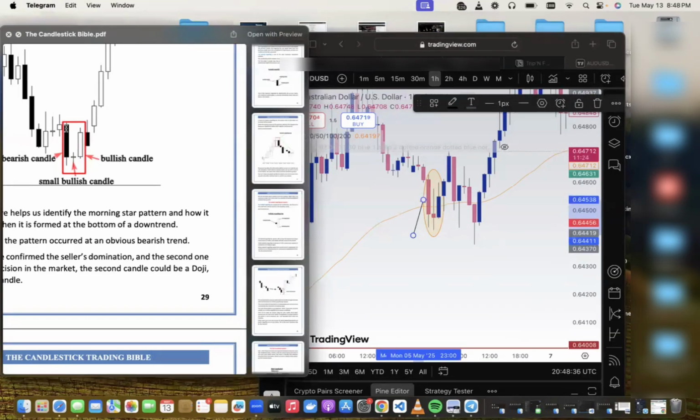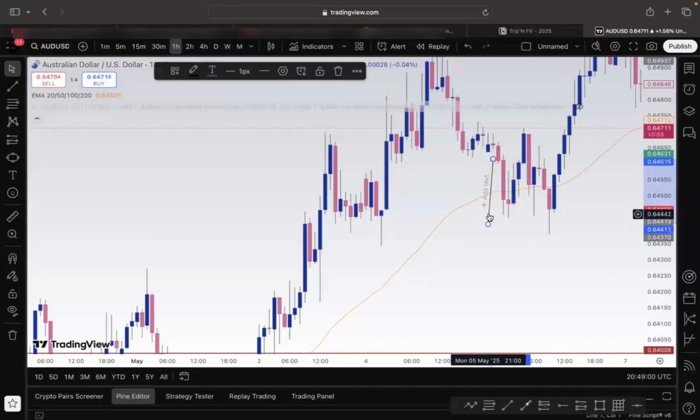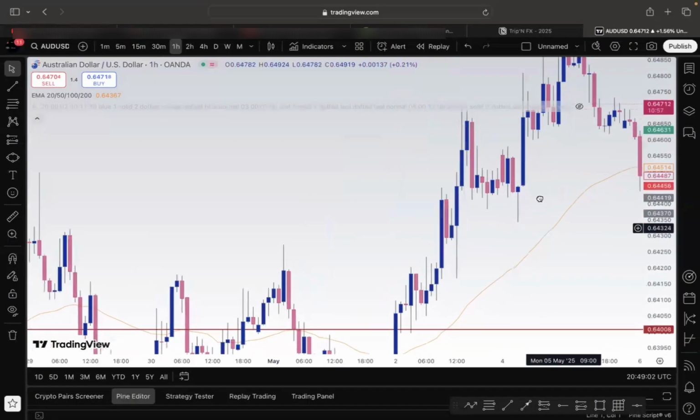So you can see the bearish candle, and then the small body, and then the bullish candle right after. And what do we have after? 2 more bullish candles. So yeah, it's a good example. So that's for the morning star. Let's see if we can find something for the evening star pattern.